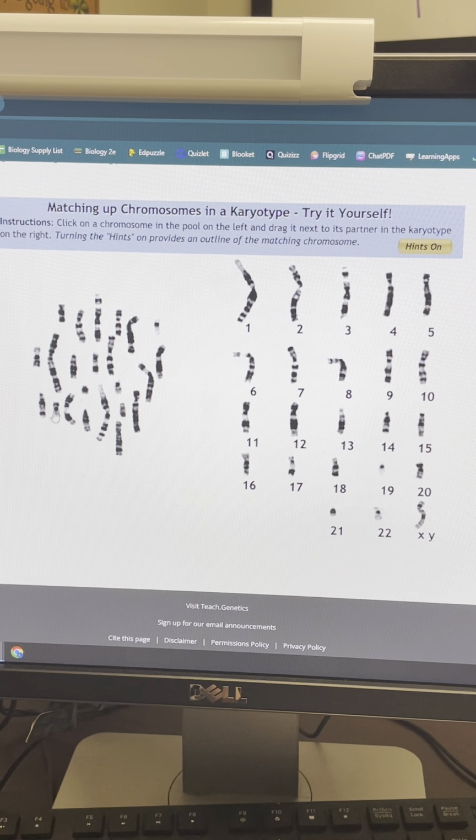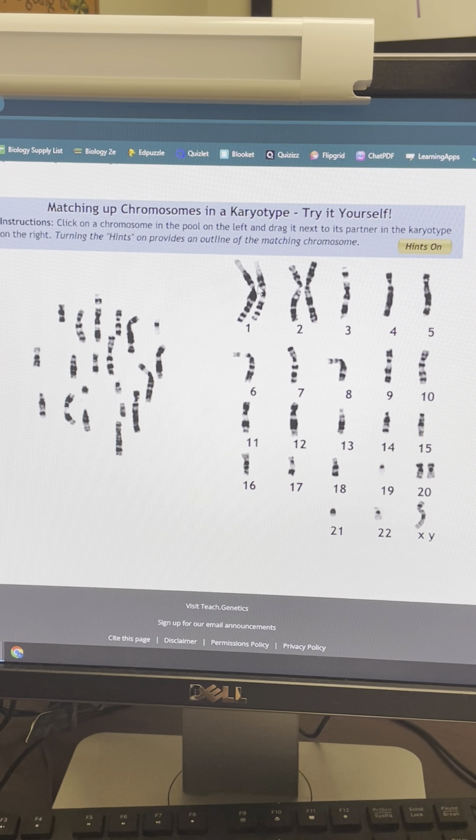For instance, this looks the same size as 22, but the bands do not match. So I'm going to assume maybe this is 20. The same thing here. This looks very large, so it might match 1, but if we hold it up, the banding doesn't match. So I'm going to pull it over here. Whereas this one matches perfectly.